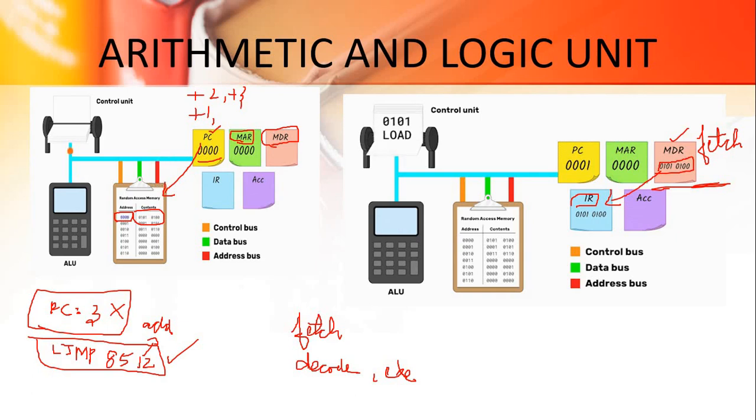What this instruction register will do is, it will send this instruction to the control bus. It will not send all these 8 bits to the control unit. First 4 bits will be sent to the control unit. 0101 is the operation code that is sent to the control unit. This control unit will give the instruction.